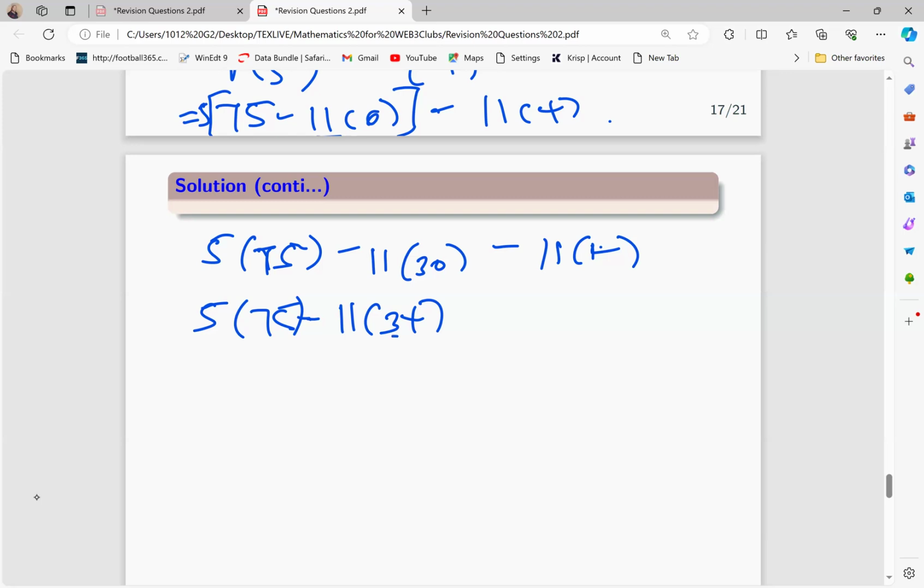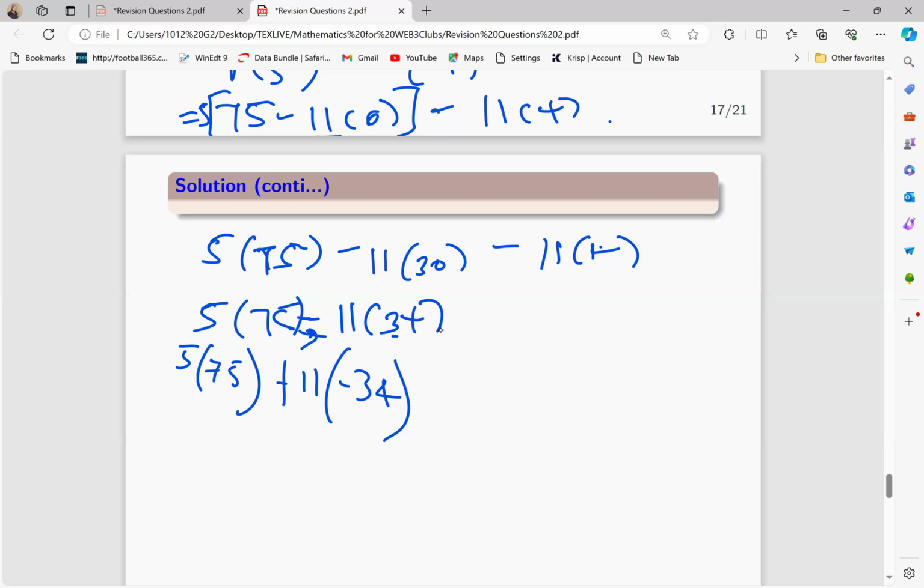So when we reach here, how did we proceed from there? How do we compare? When you reach here, this is the same as 5. This is 75, eh? Plus this minus here.